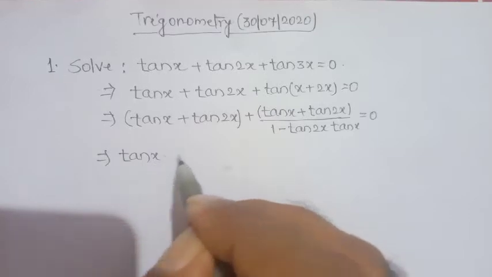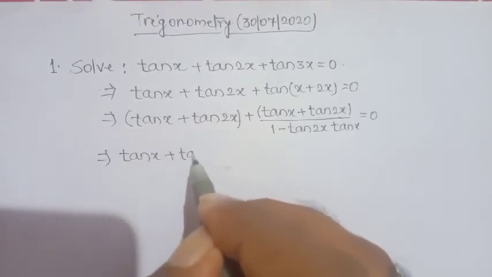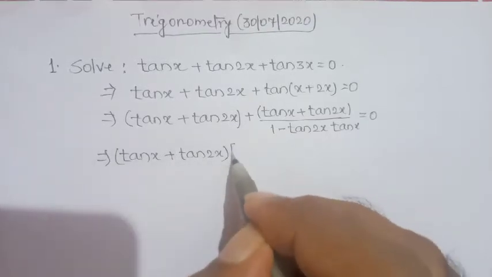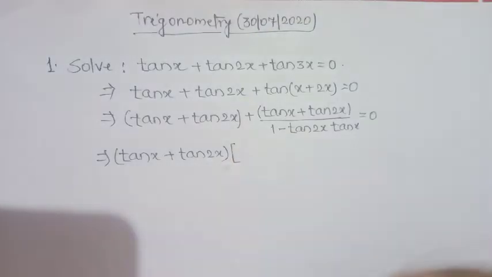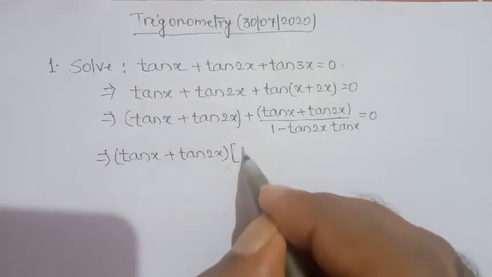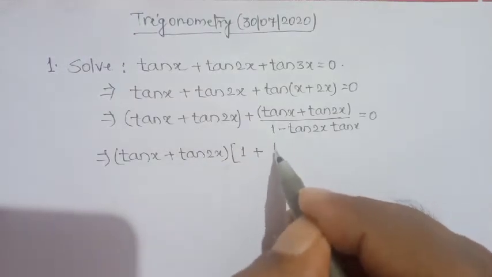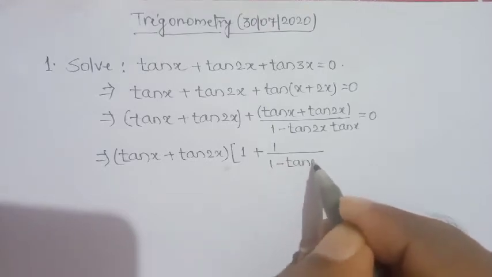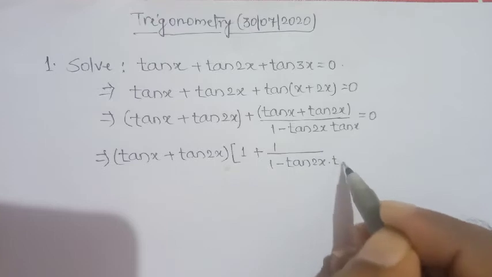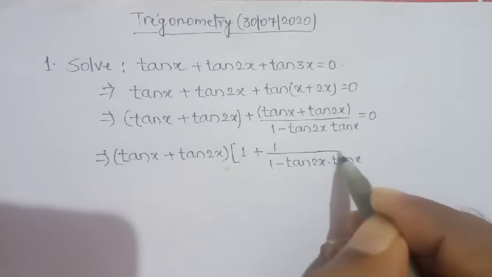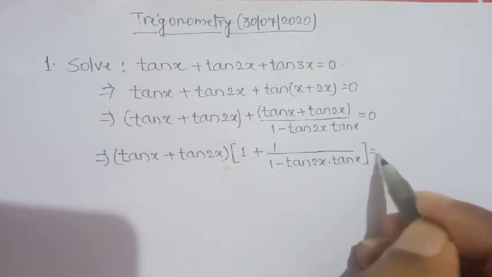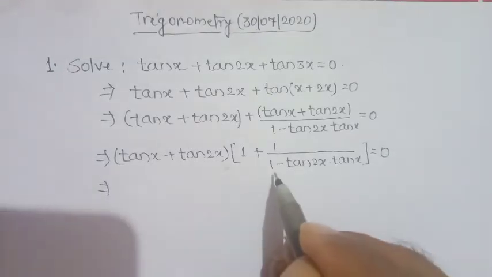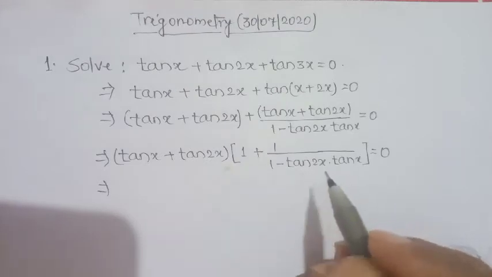Now the term within the bracket should be 1 plus 1 by 1 minus tan 2x into tan x. Now take out the LCM of the bracket. So of course the LCM will be 1 minus tan x into tan 2x.